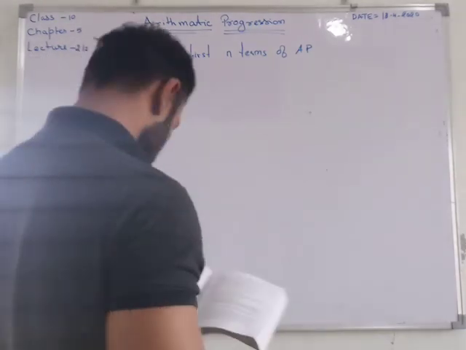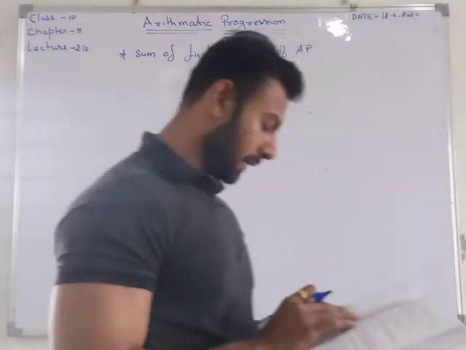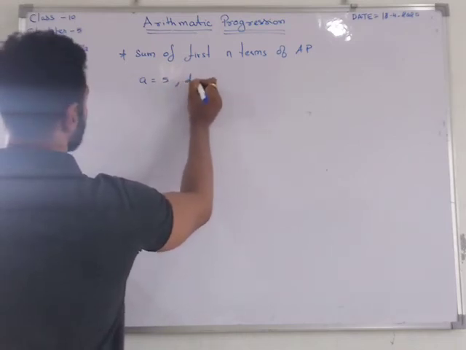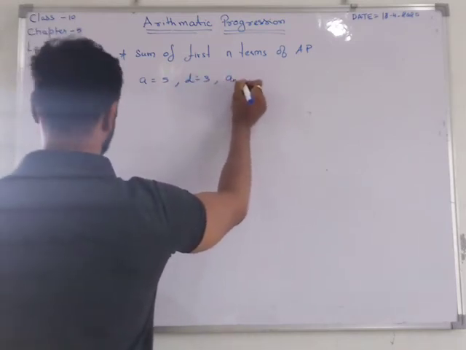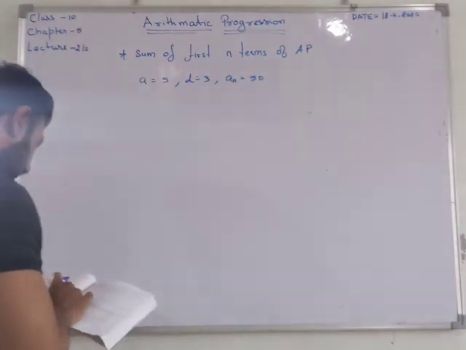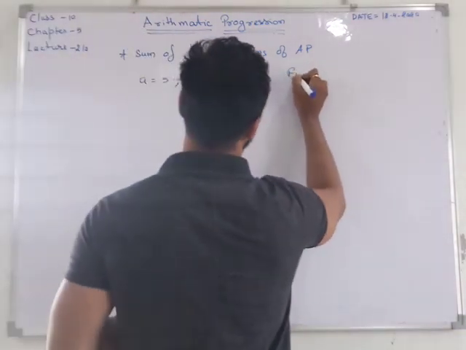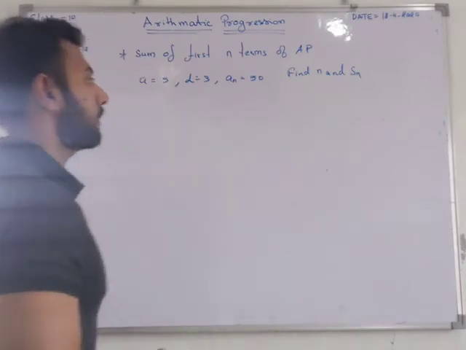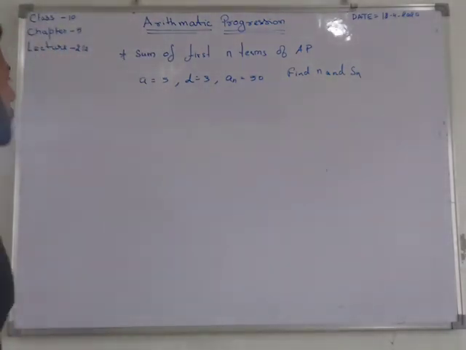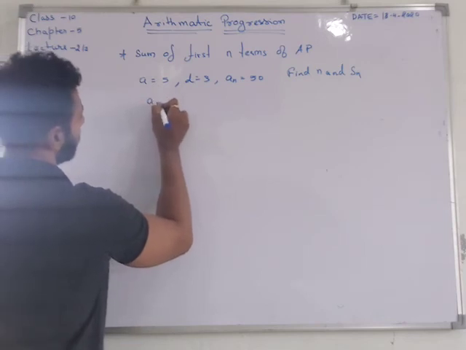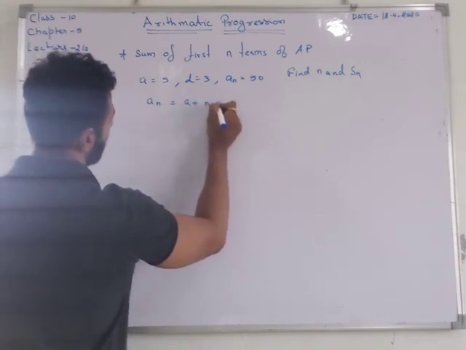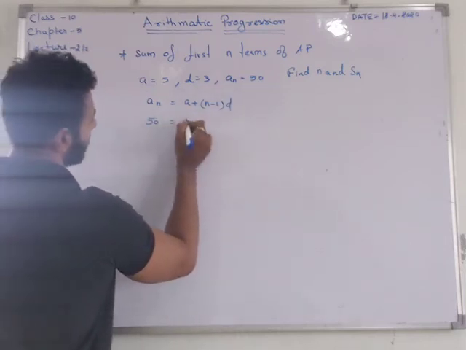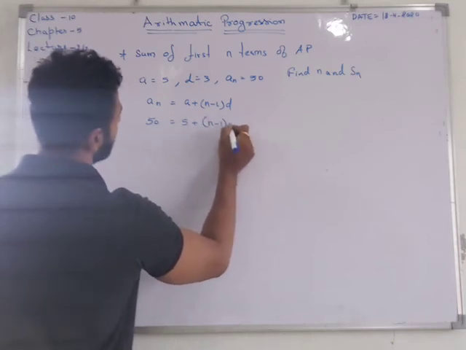Question number 3, first part. In an AP, given A is equal to 5, D is equal to 3 and An is equal to 50. Find n and Sn. We have to find the number of terms and the sum of the terms. Now using the general formula first, An is equal to A plus n minus 1 into D. An is given as 50, A is 5 plus n minus 1 into D is 3.